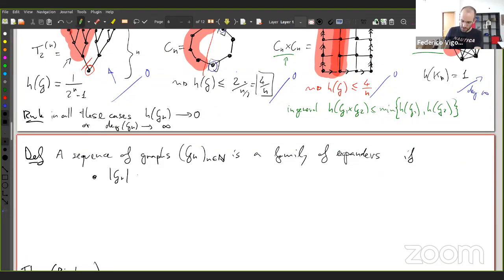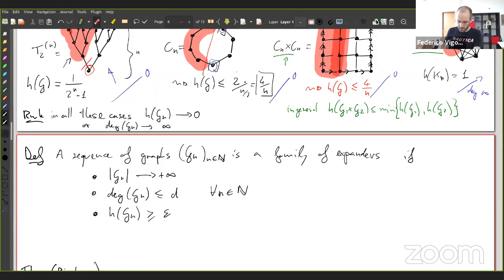We want them to be larger and larger because we like infinite things. Then we want the degrees to be uniformly bounded. So this gets rid of complete graphs. And then we want all the graphs to share a lower bound on their Cheeger constant.